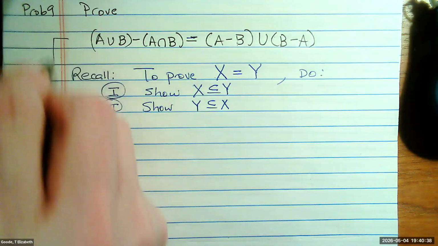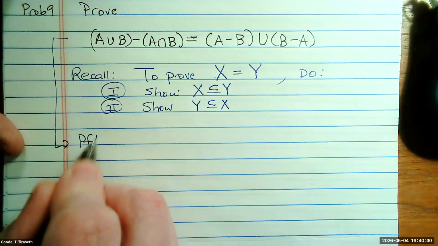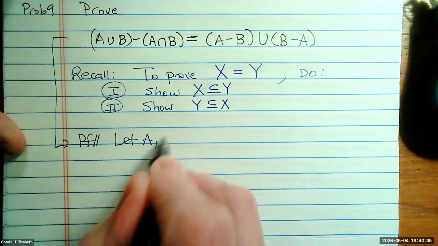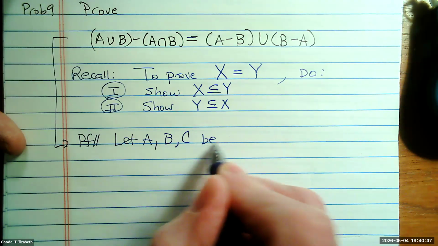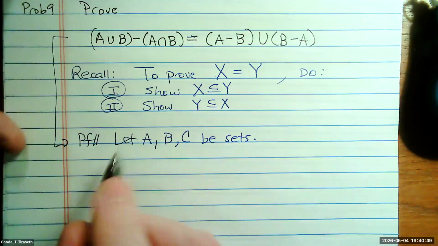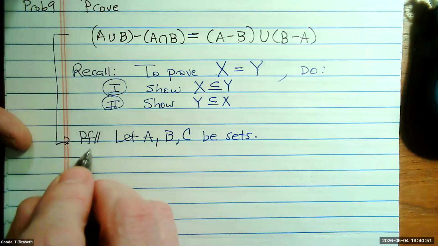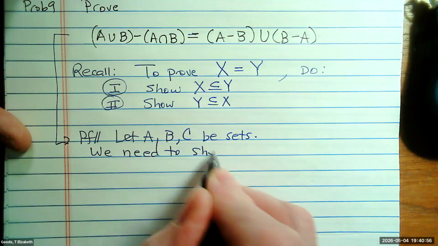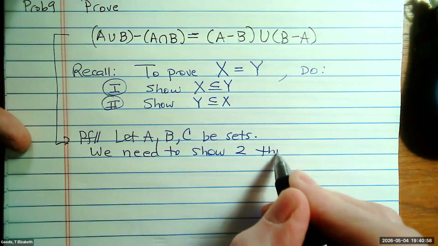So in this proof, we're going to let A and B be sets. We need to show 2 things.